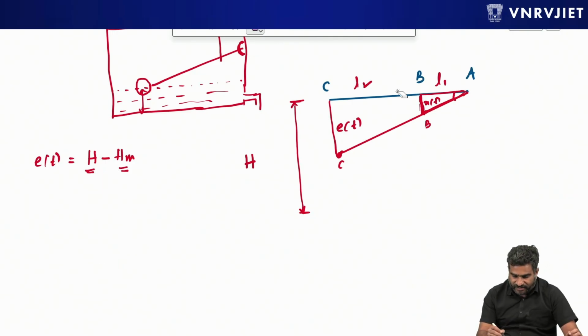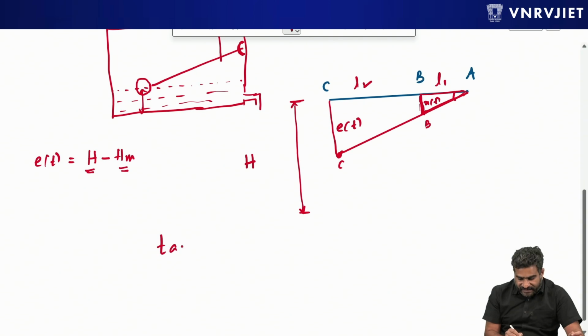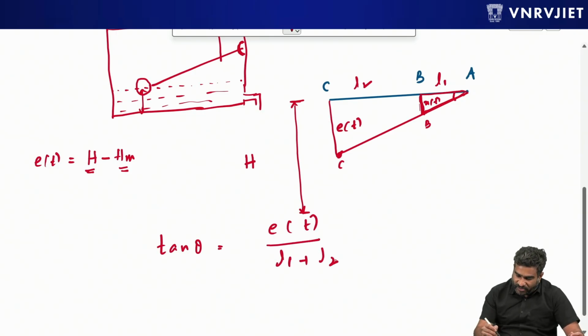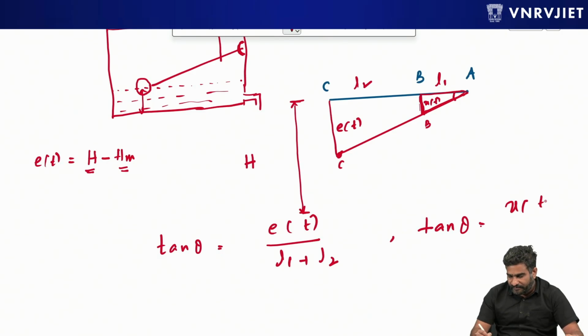if I write the trigonometric tan theta here, so the tan theta in the bigger triangle would be E of t by L1 plus L2, and in the small triangle, the same tan theta would be maybe U of t by L1, right?